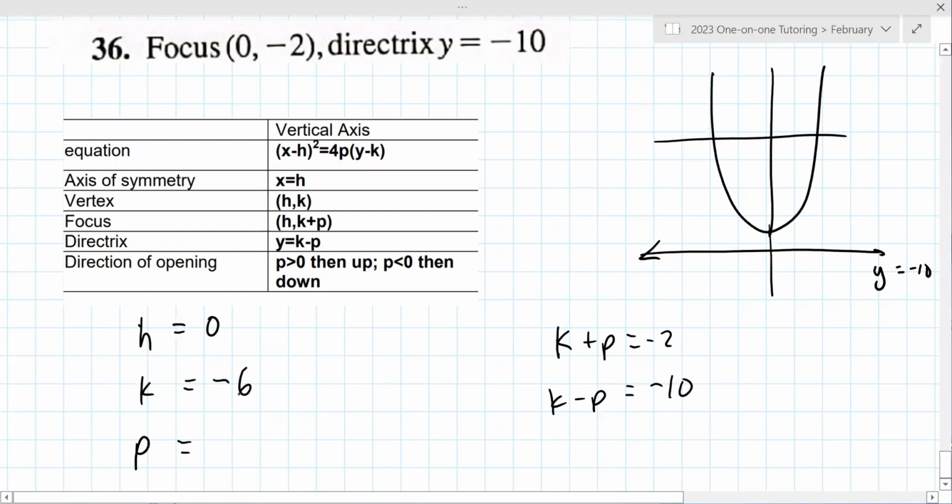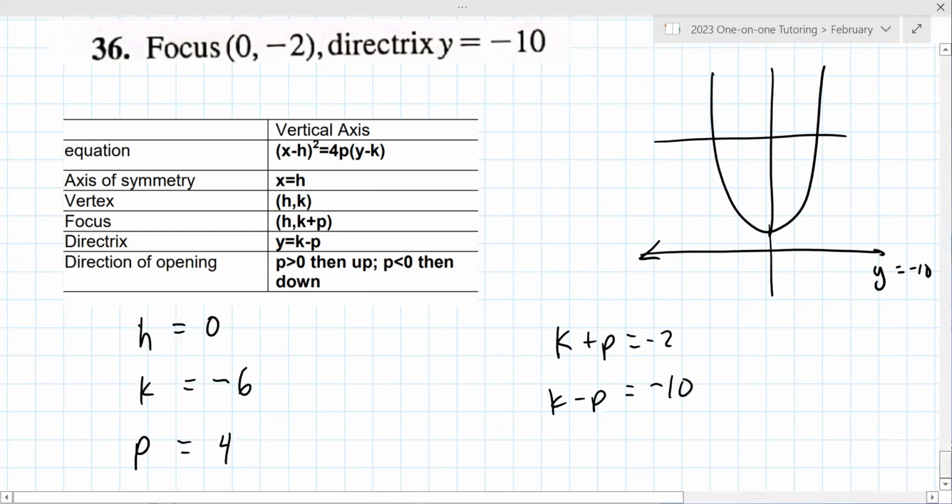Then from there we can find out that -6 plus P equals -2. Add 6, P equals 4.